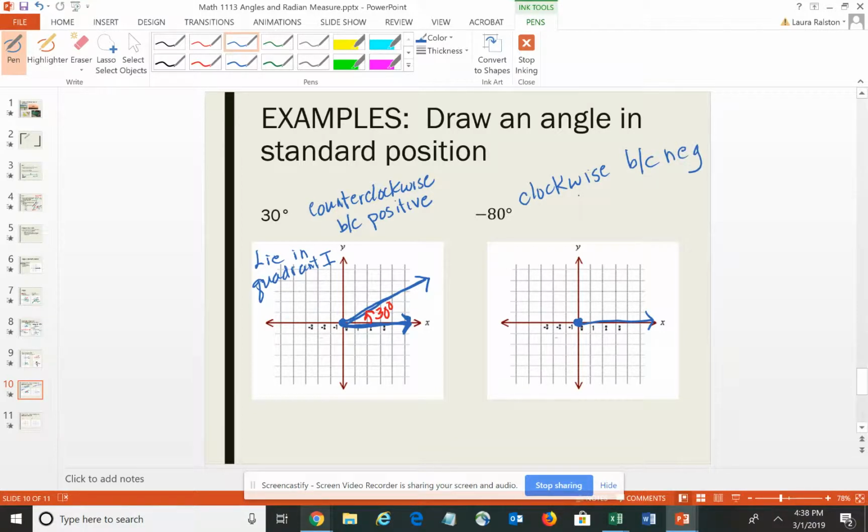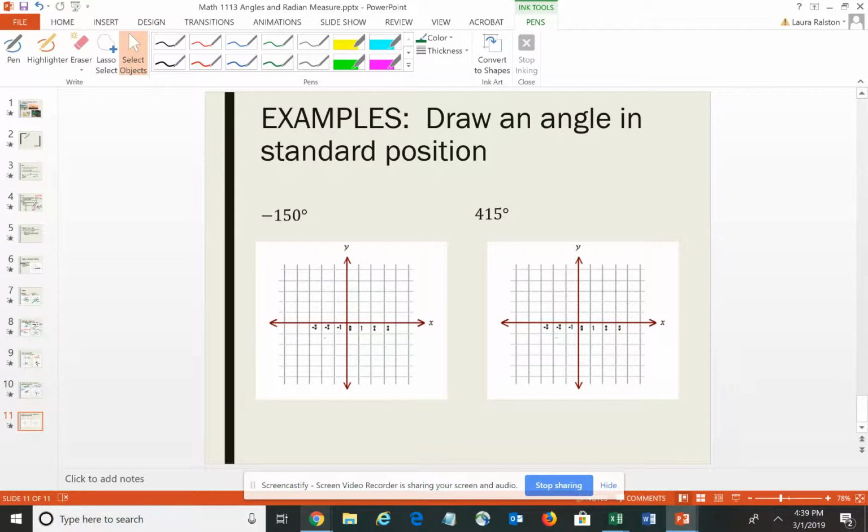And in this case, because I'm going clockwise, it's going to lie in quadrant 4 since it's between 0 and negative 90 degrees. So it's going to be somewhere along in here. And again, I want to indicate the rotation. So I'm going to show that I went clockwise and that is estimated or roughly negative 80 degrees.